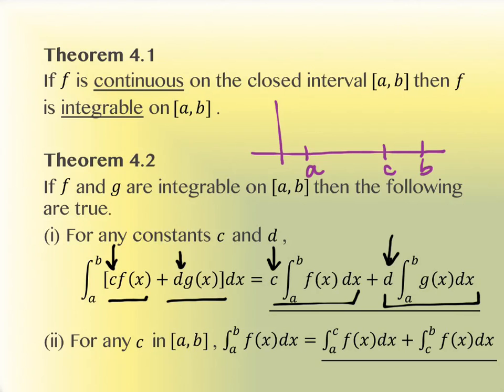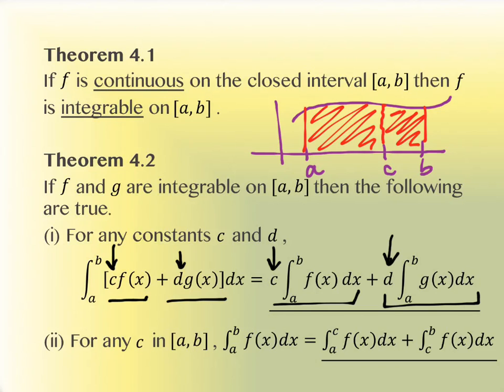If we wanted the integral from A to B, we could, if there was a need for it, break this apart into two pieces and add the two pieces up. And C doesn't have to be halfway in between or anything like that. Any point in between would work. It just has to be the same.